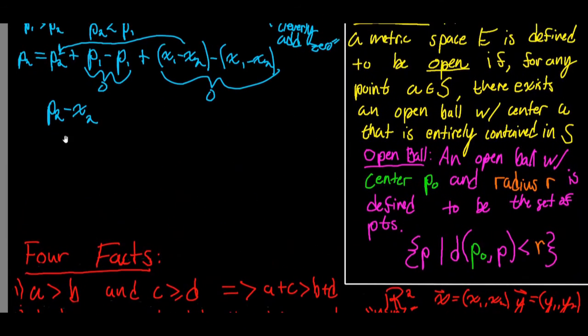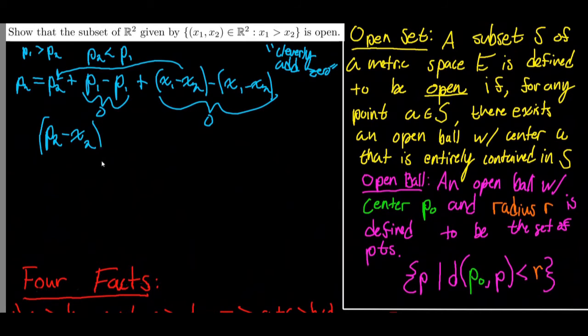Then we also group this positive x1 with the negative p1, so we have plus x1 minus p1, and we add all of that. After grouping those terms together, we're left with the terms that we didn't group: p1 minus x1 minus x2.